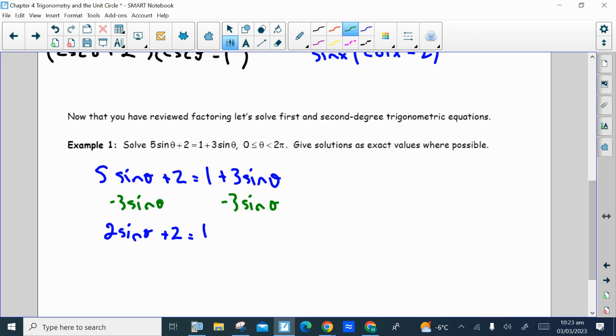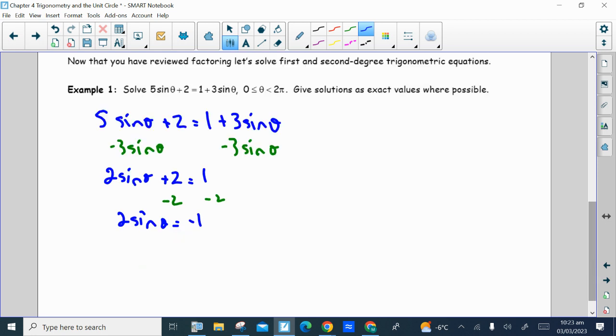Then I would subtract the 2 from both sides. And that leaves us with 2 sine theta equals negative 1. And my last step would be dividing both sides by 2. And so our solutions will come where the sine of theta equals negative 1/2.